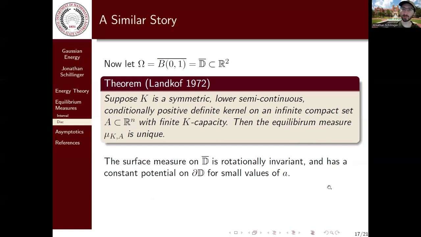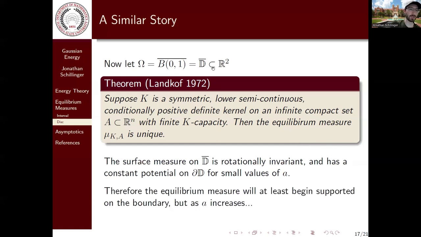But what happens as A increases? What's interesting is, let's look at what we have here. So we have our disk, and originally our measure is only supported on the outer edge. But what happens if you take a slice through your disk, say the x-axis, and restrict yourself to looking just there?